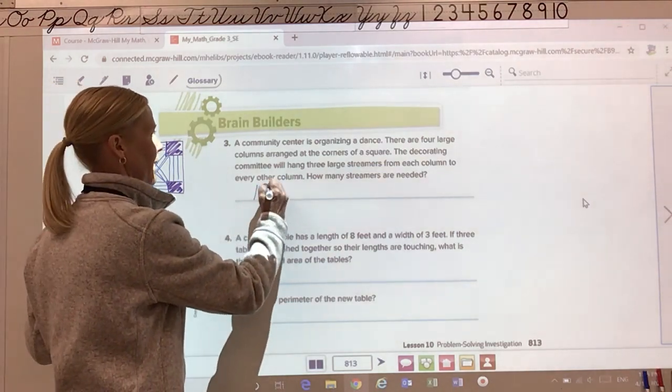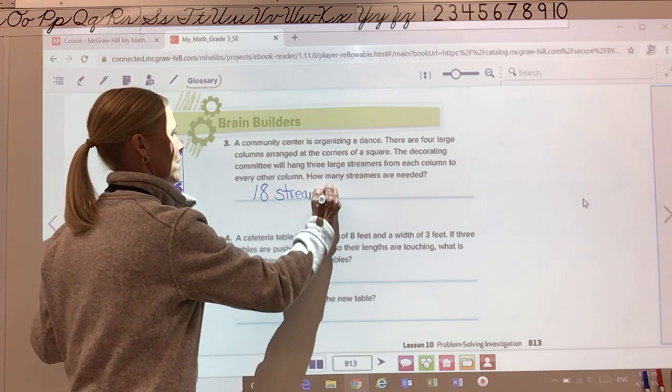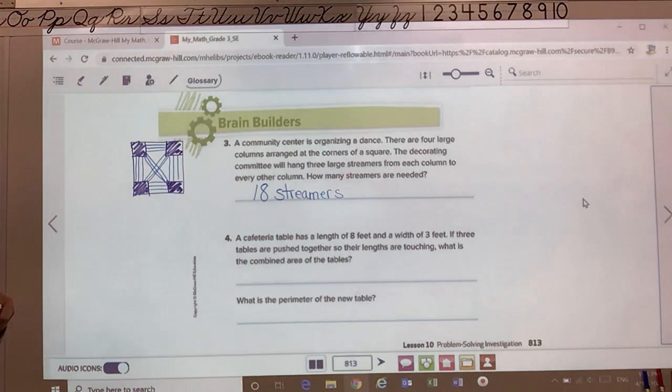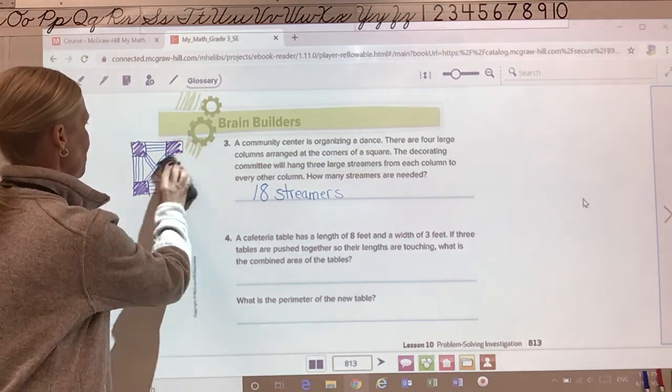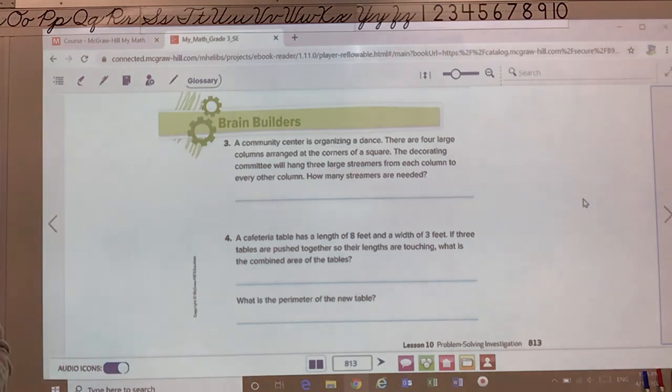A total of 18. And then our unit again, streamers. All right, good. Let's go on to the last one that I'm going to do with you. And that's number 4 on this page.